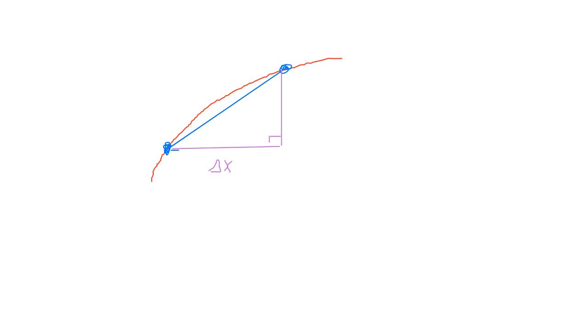If we're going from some point p sub i minus 1 to the next point, p sub i, then we can call the length of that bottom leg delta xi, and the length of the other leg, we'll call it delta y sub i.